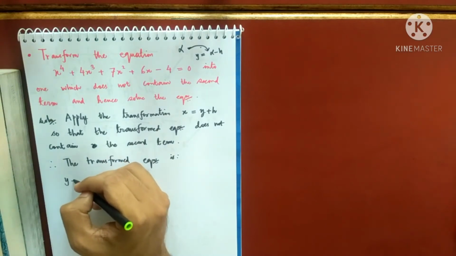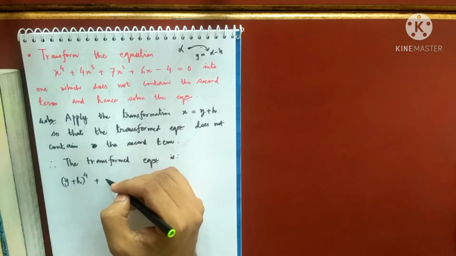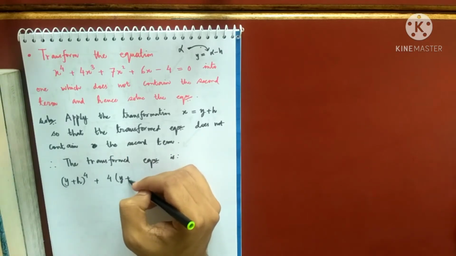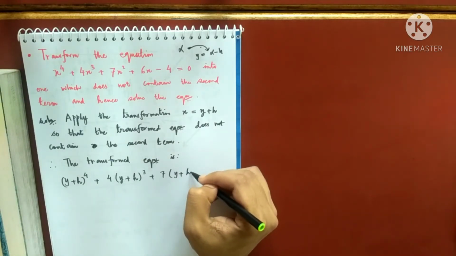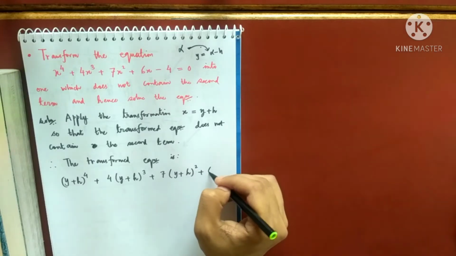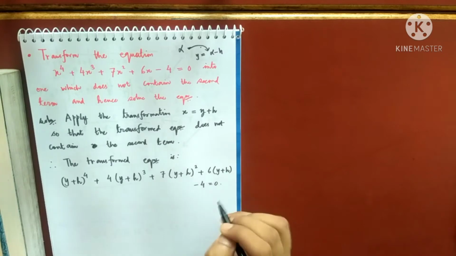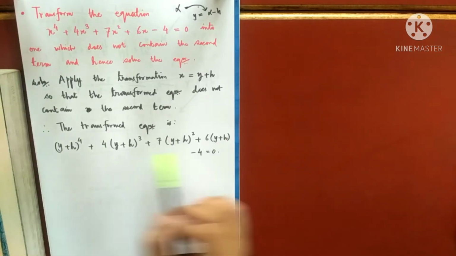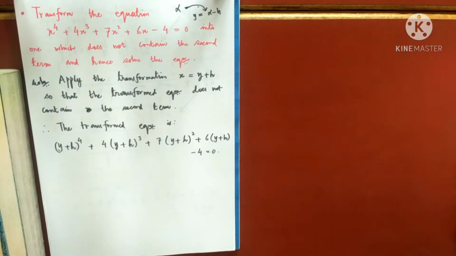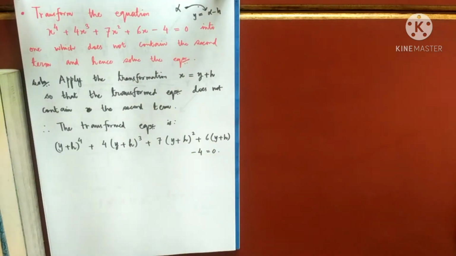So y plus h whole to the power 4 plus 4 into y plus h whole cube, 7 into y plus h whole square, 6 into y plus h. Now what you have to do here is, you either use the synthetic division to express this as a function of y.